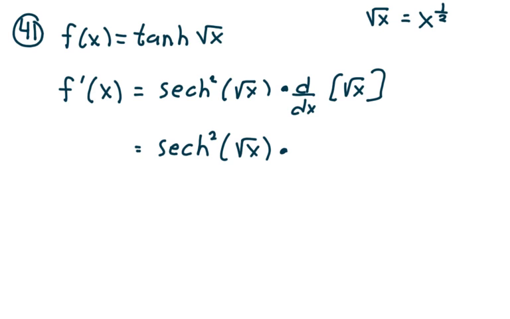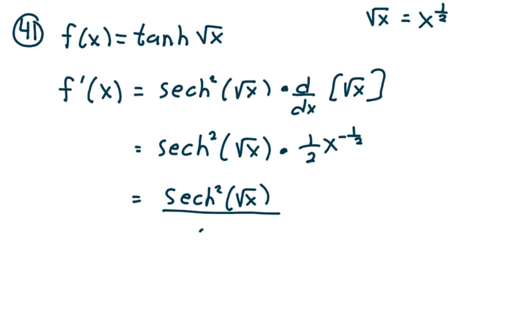So imagine we're taking the derivative of x to the half with respect to x, and that's 1/2 x to the negative a half. That's just power rule, right? And then here I get hyperbolic secant squared of square root of x divided by 2 square root of x.